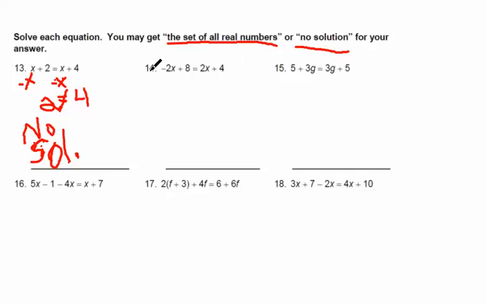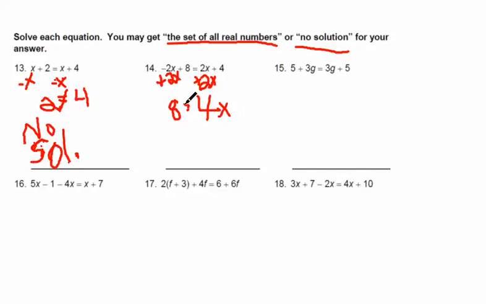All right, so let's look at number 14. No distributive property, so I need to get the x on both sides. And I'll just add this 2x to both sides. Now this time, my x's are not going to be gone from both sides. It's gone on the left, negative 2x plus 2x is 0, but I'm still left with 8 equals, and then over here we've got 2x plus 2x, which is 4x.